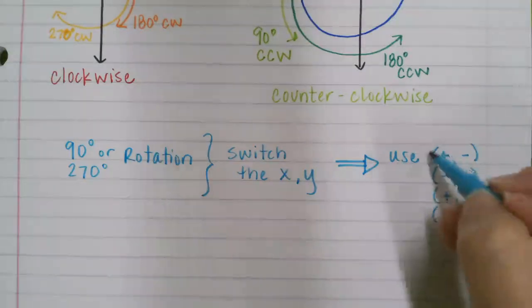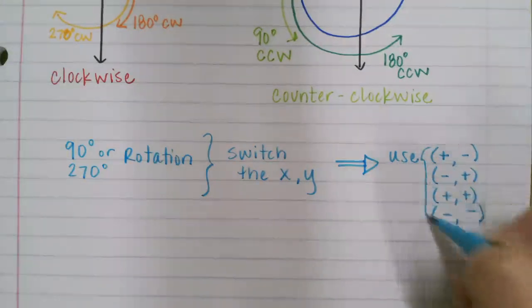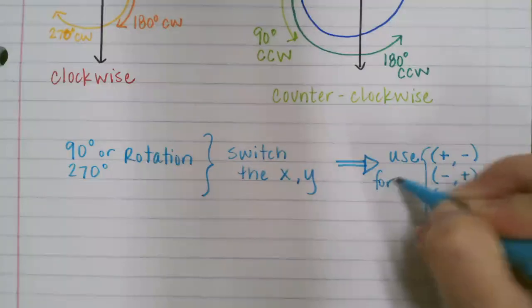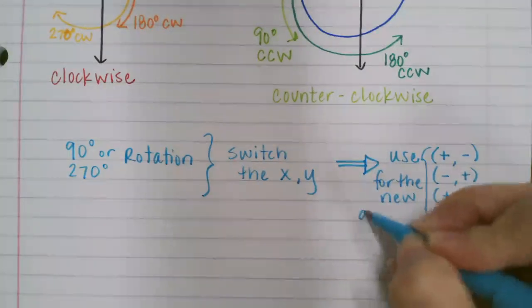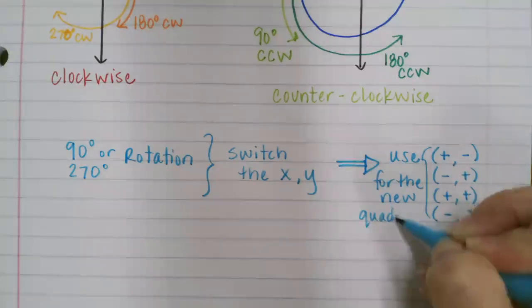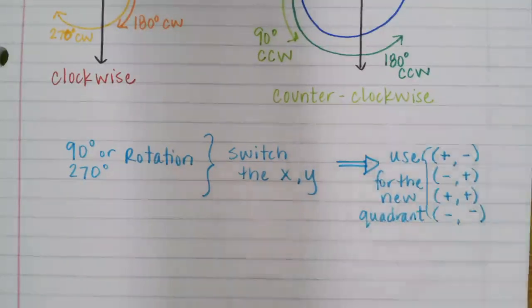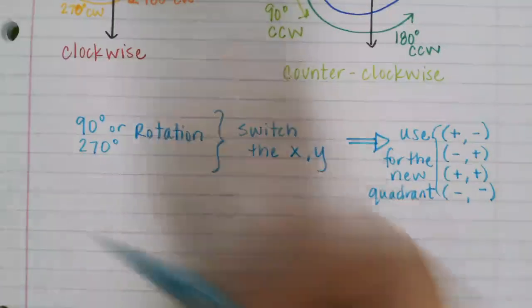So use that for the new quadrant. Okay? All right. But if it's a 180-degree rotation, what we're not going to do is switch them, and then we'll still use the new quadrant.